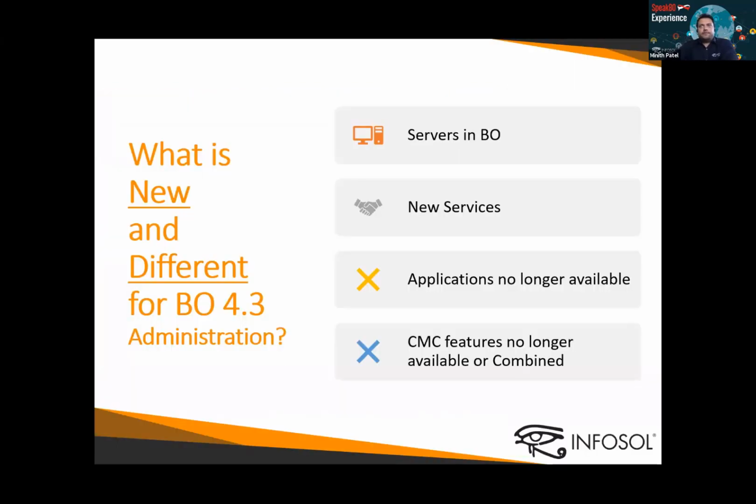So the goal of this presentation is to show you what is new and what is different from a system administration perspective. There are two things that we will be looking at. One is obviously the CMC, that's where a lot of people spend their time. So we'll look at a side-by-side comparison of what is there in 4.2 versus what is there in 4.3, and if there's anything new, what is it?